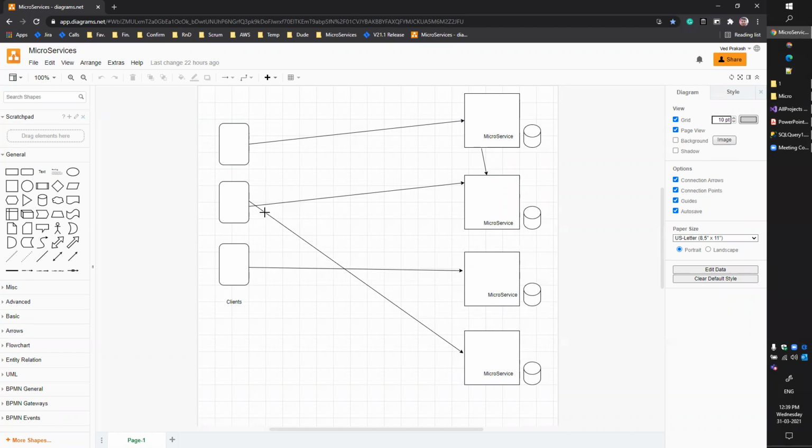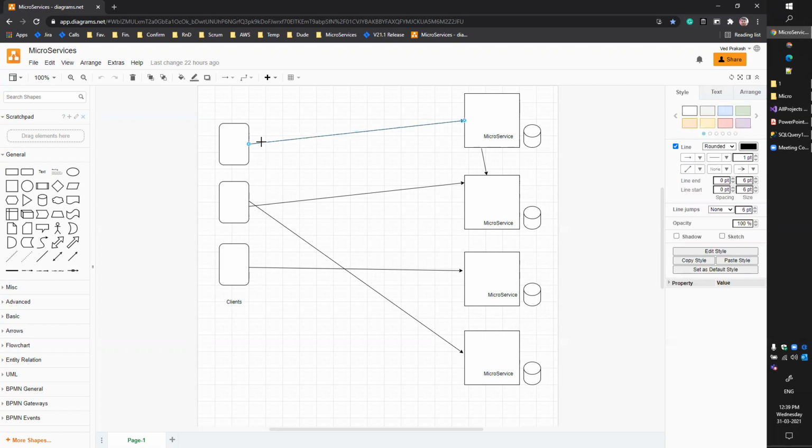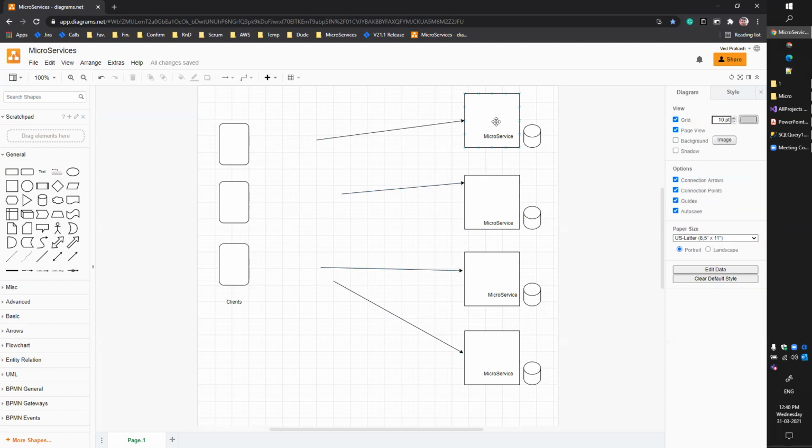we brought the gateway into the picture. Let me delete this and resize it. There will be no direct communication between the microservices and the clients.